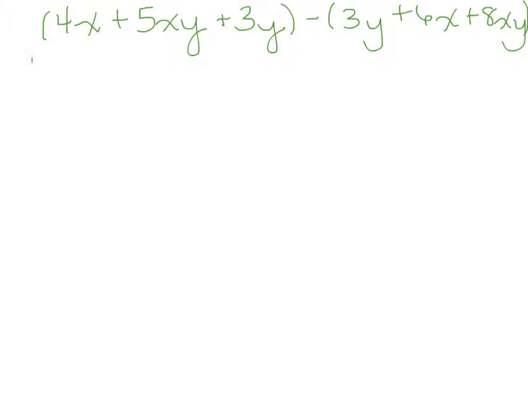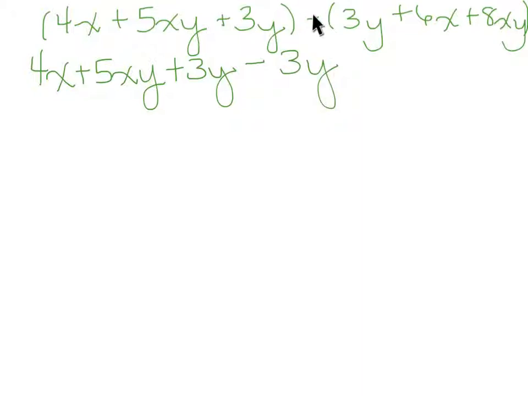So we can rewrite this as 4x plus 5xy plus 3y minus, now we're distributing the subtraction sign, minus the 3y first. Then the minus sign distributes to the 6x, so minus 6x. And then it distributes to the 8xy, so minus 8xy.